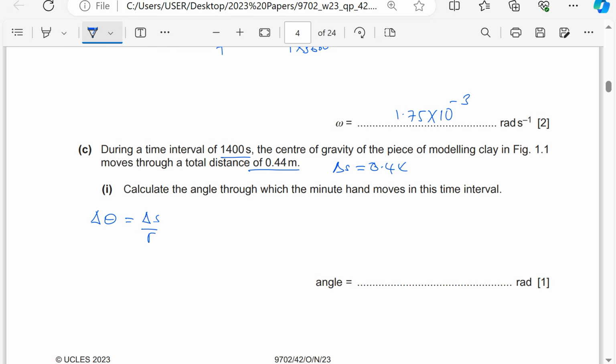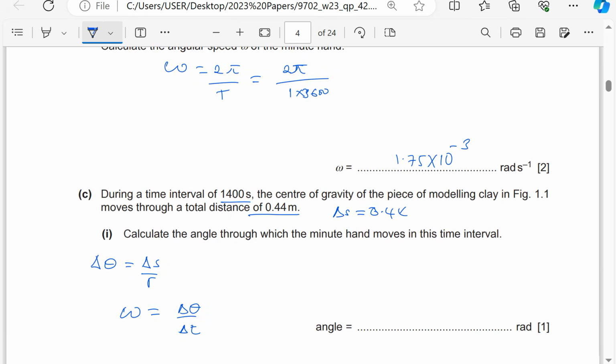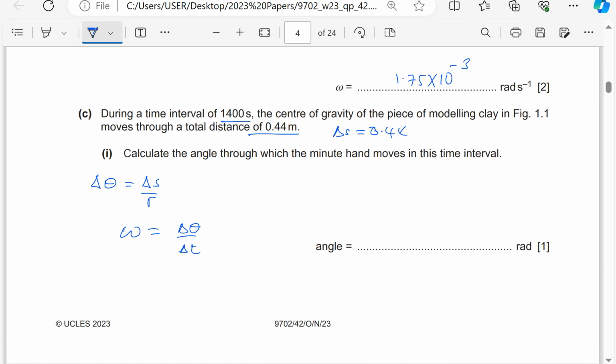We know the arc length, but we don't know the radius, so I'll not use that one. We also know that angular speed is the rate of change of the angular displacement, delta theta over delta t. So delta theta is going to be omega times the time t.